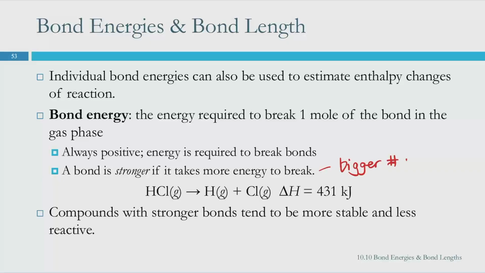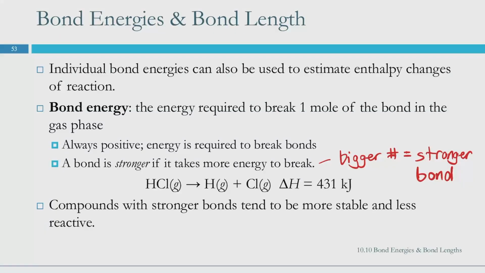So bigger number equals stronger bond. Compounds with stronger bonds tend to be more stable and less reactive. They're harder to break the bonds. And if you can't break the bonds to rip up your molecule, then it's hard for you to rearrange it and put it into some other form.